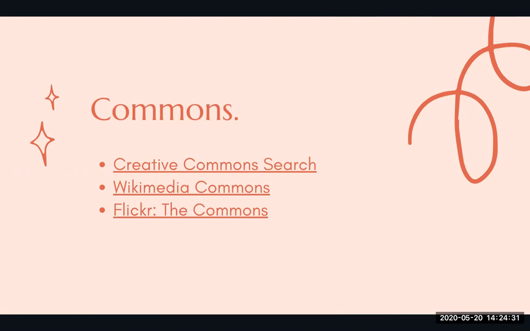Then there's Wikimedia Commons, and a lot of times you'll see those pictures appearing in Wikipedia encyclopedia entries, and you can use those. But keep in mind, sometimes with users who upload images to Wikimedia Commons, you have to make sure they have the right to upload these images.